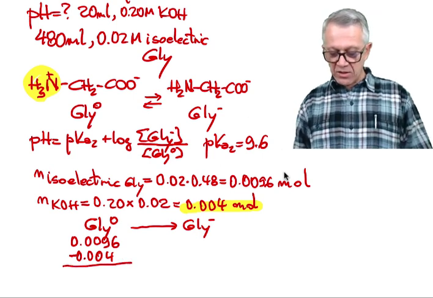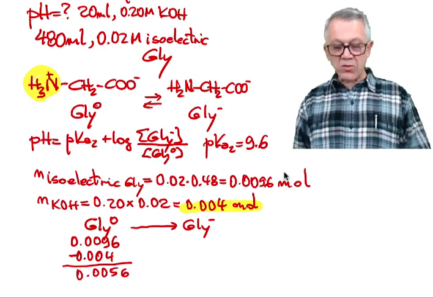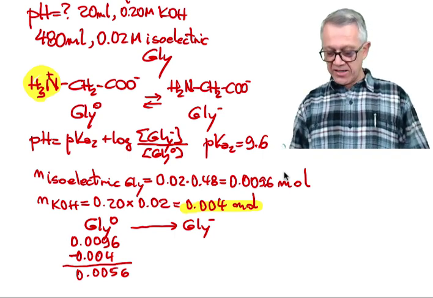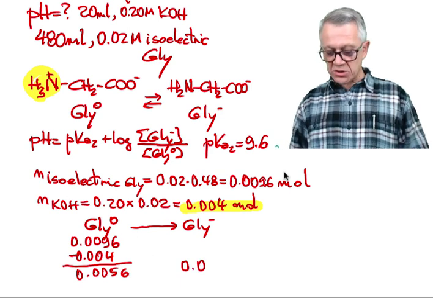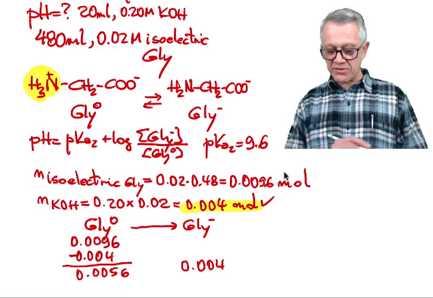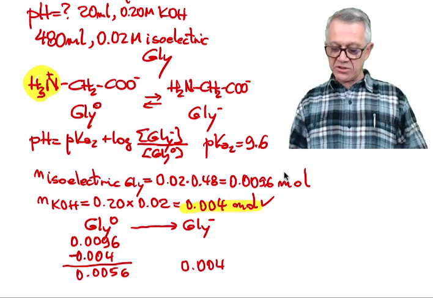So the final number of moles here is going to be 0.0056. And the final number of moles of glycine minus is going to be 0.004, the same that comes from here. Potassium hydroxide is going to be removed and generate glycine minus.